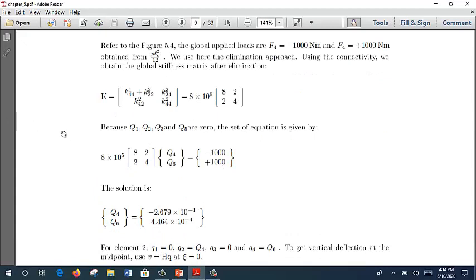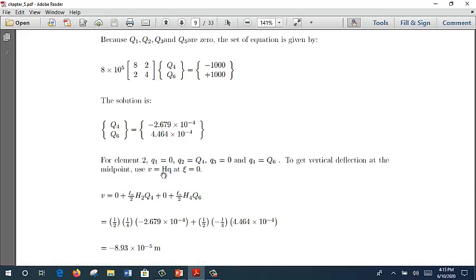All of the others are mentioned here because Q1, Q2, Q3 and Q5 are 0. That's why you get a 2 by 2 matrix, which is very small and very easy to solve. So from here you can get the deformations or deflections for Q4 and Q6, the degrees of freedom of the nodes, right?